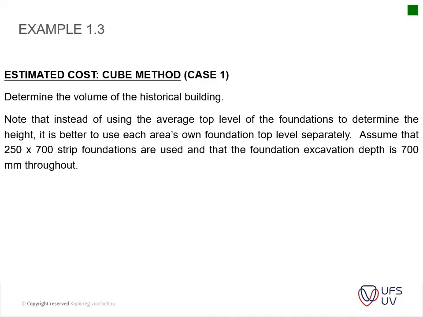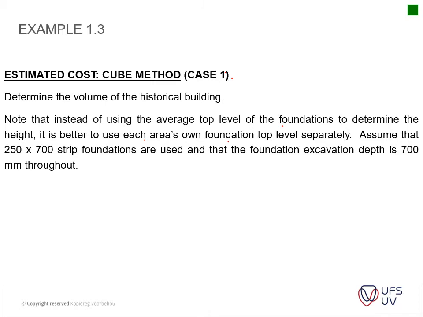Okay, then we get to our area cube method. We're going to look at that little formula that I've spoken about, but there's a little bit more to the cube method than just the normal calculations that we did earlier. Note that instead of using the average top level of the foundations to determine the height, it is better to use each area's own foundation top level separately.